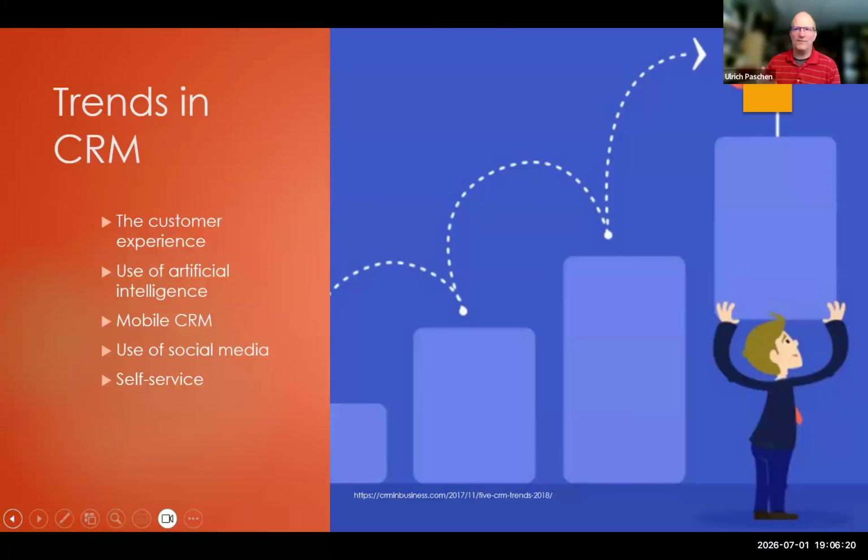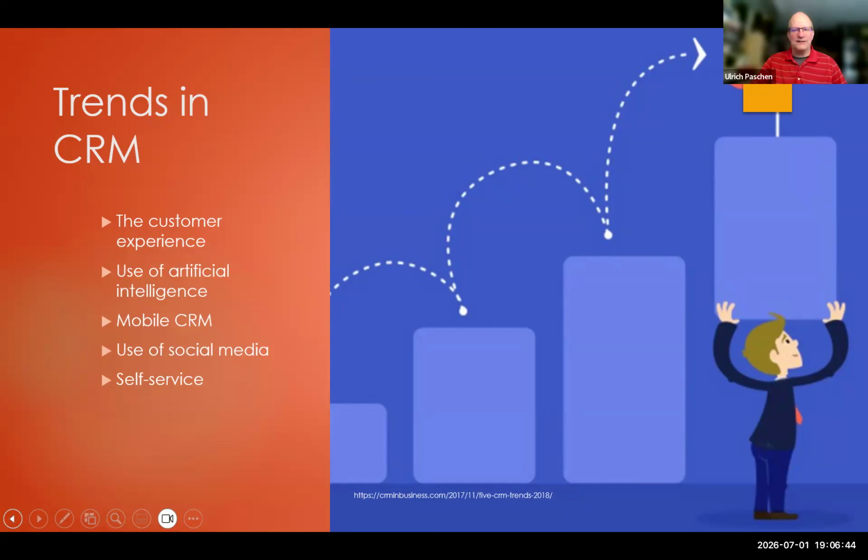It's one of the top priorities for 65% of executives, according to a recent Forbes and Salesforce joint research. So two-thirds of executives said making sure that the customer has a good experience with us is really important.